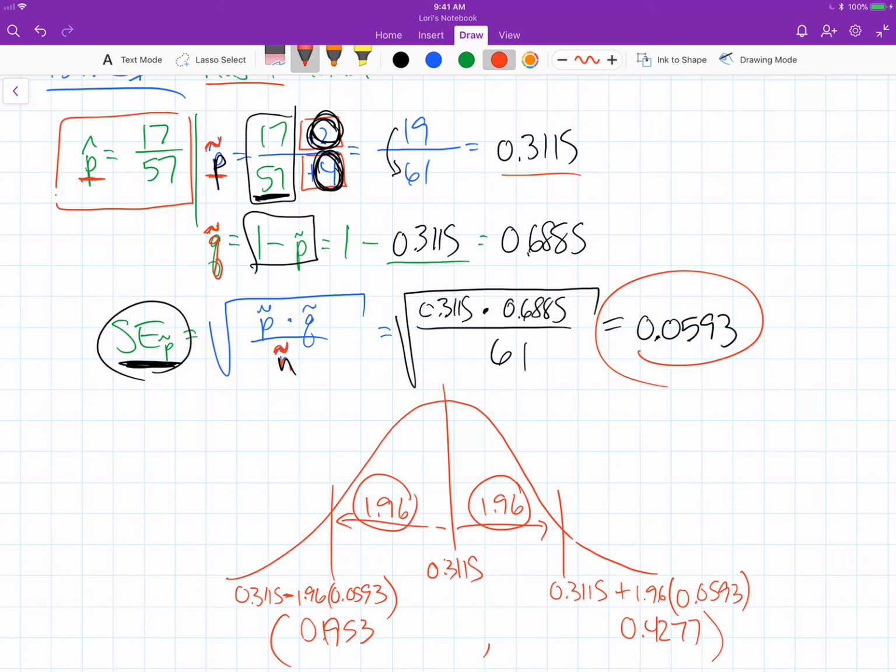In other words, here we have our 95% confidence interval.